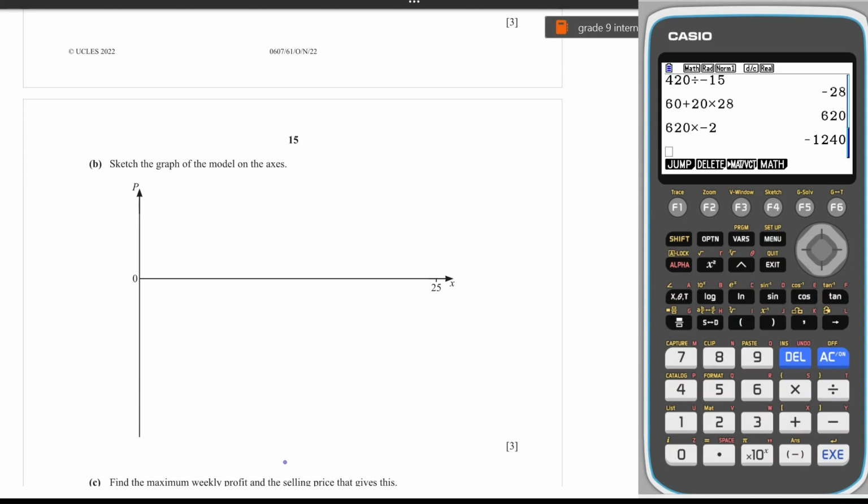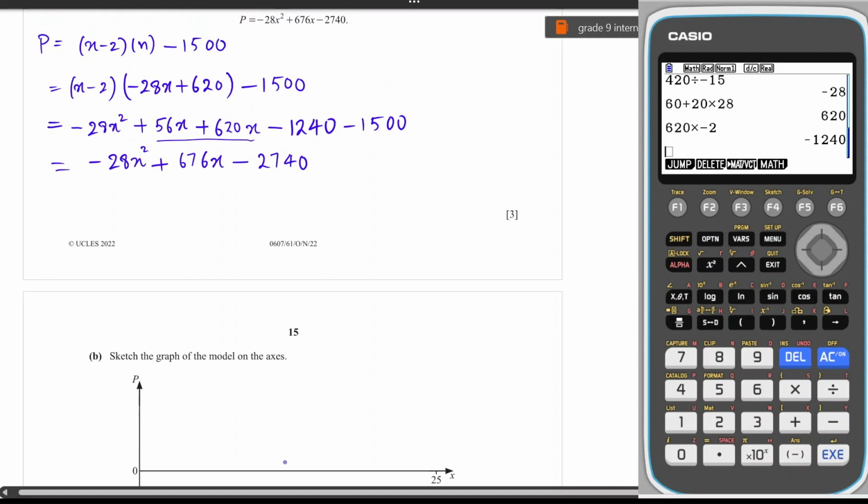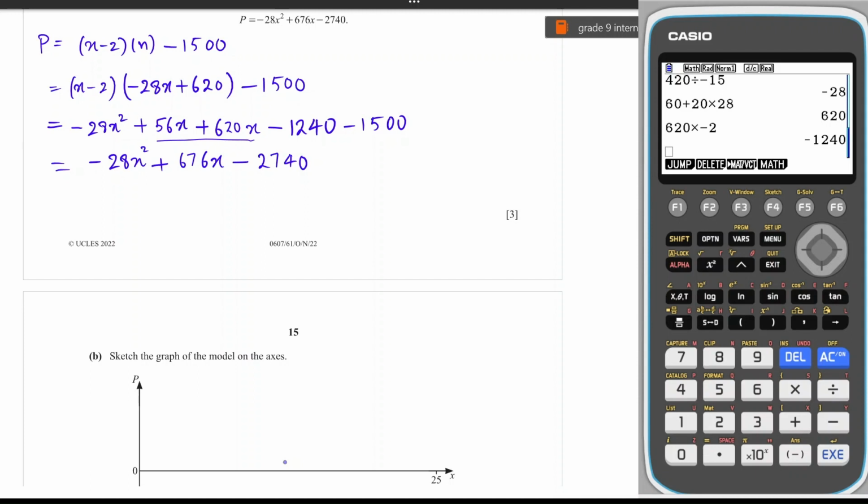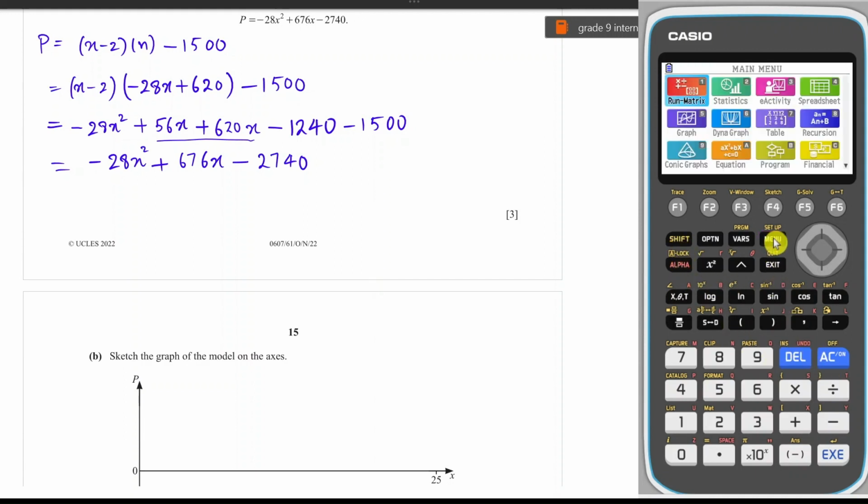So my model over here is minus 28 x square. So, okay, I have to input this in my GDC, but also make sure you select all the settings properly. So this is now, let's go to the graphing.